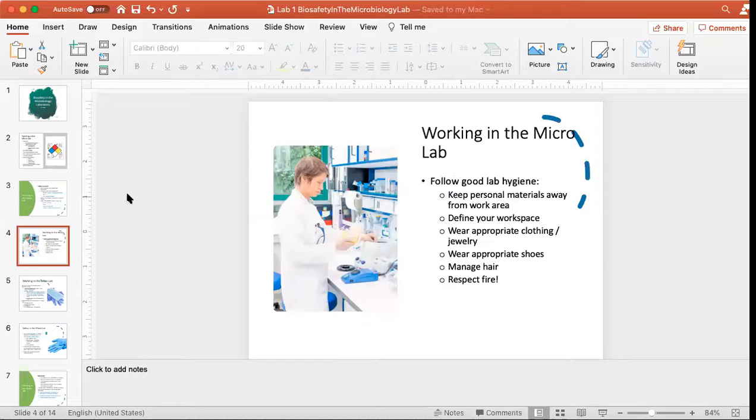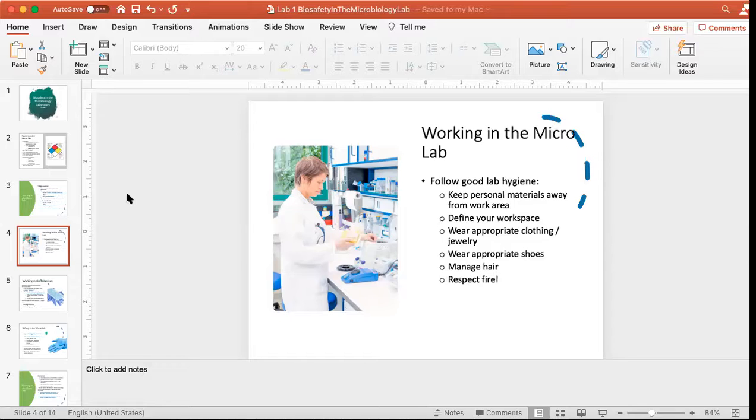So there are lots of universal standards inside of laboratories, and those universal standards apply to all labs, including microbiology labs. There's also some general things that we follow that we refer to as lab hygiene. So again, this would apply to a microbiology lab or any other kind of lab.